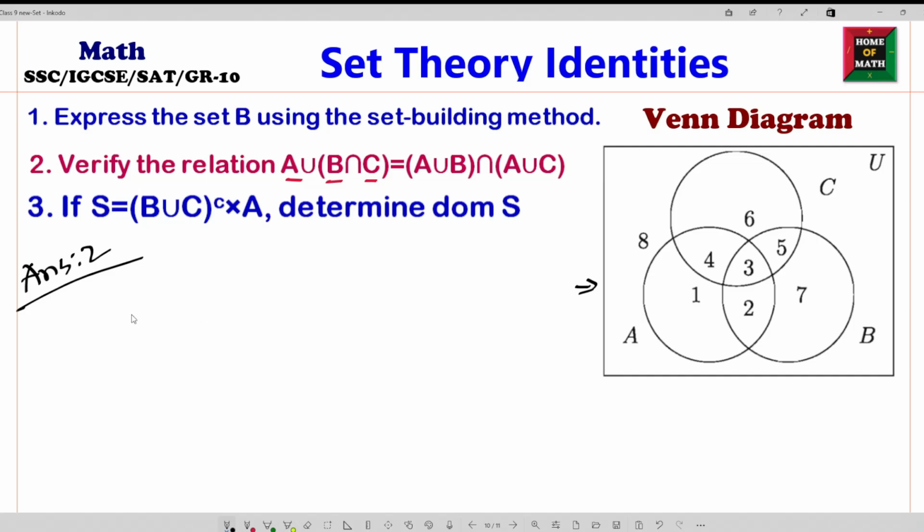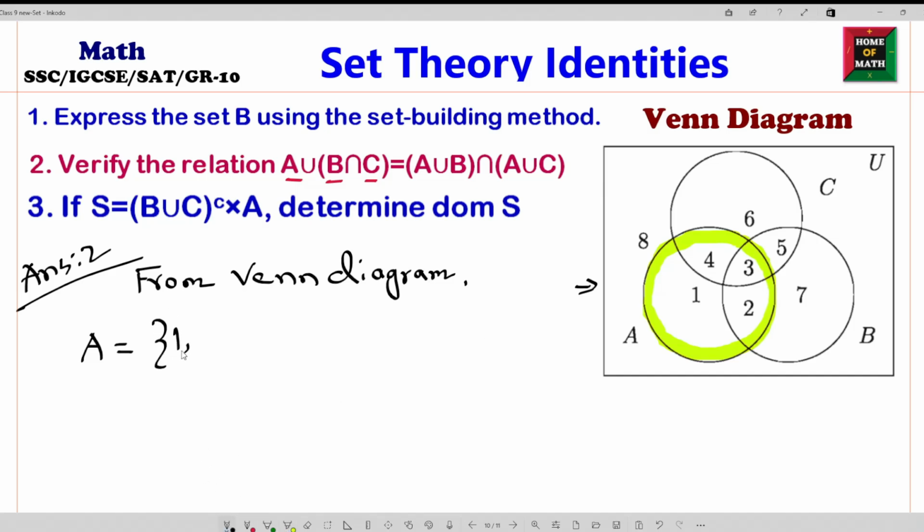Okay, look, from the Venn diagram, A equals to what? A equals to this one, right? So what is this? This is 1, 2, 3, 4.